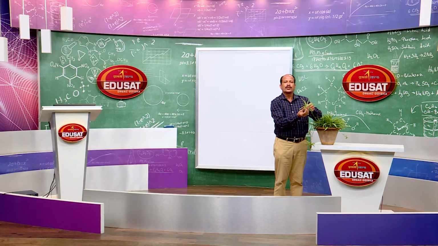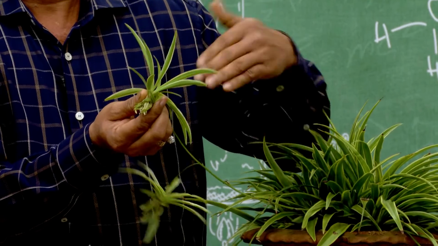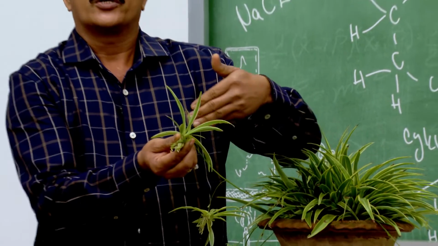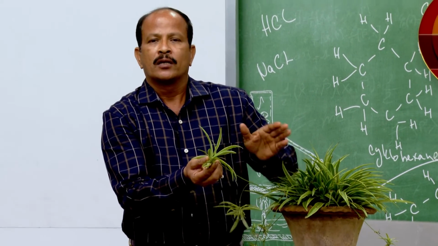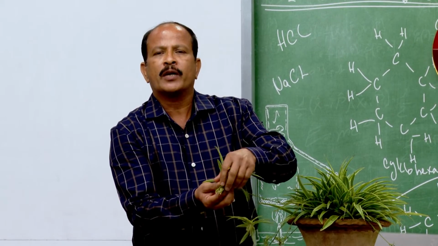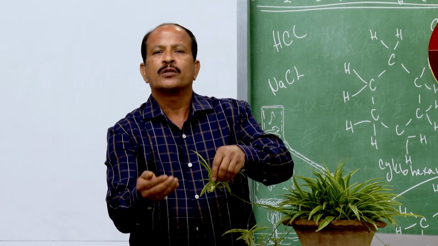You can see these bulbils are short modified shoots with tremendous roots. They have more of roots. You see how they are trying to reproduce asexually. When sexual reproduction failed, asexual reproduction is ultimately trying to produce new offsprings.